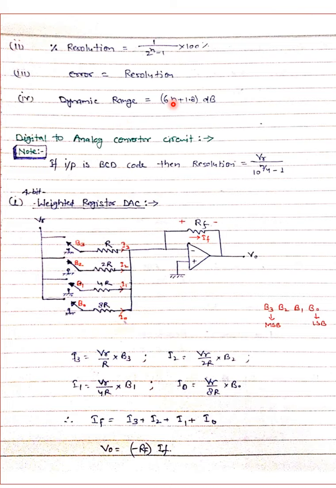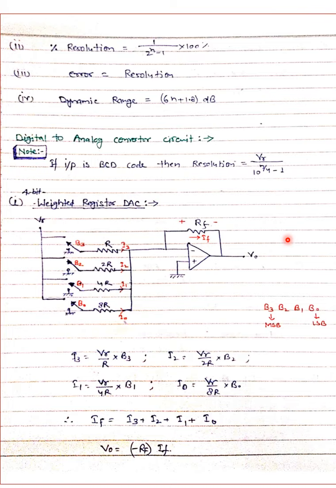So let's start with the first circuit of digital to analog converter. The first one is the 4-bit weighted resistor DAC.